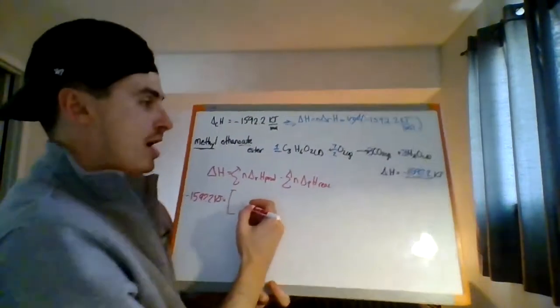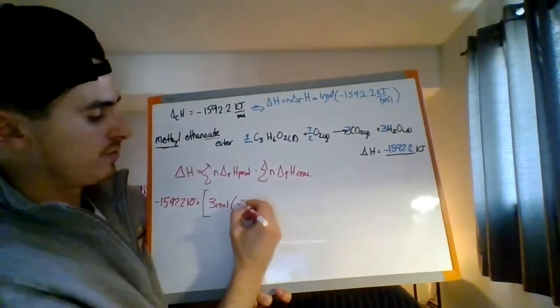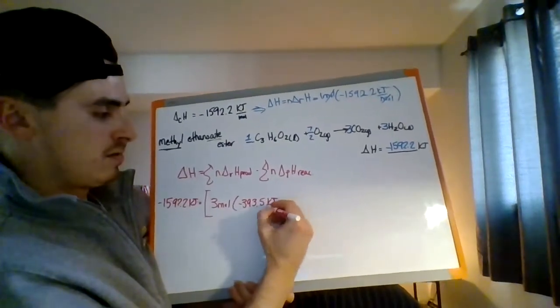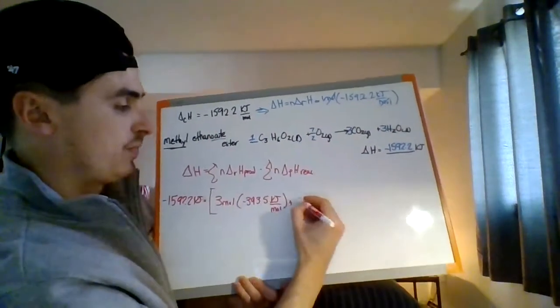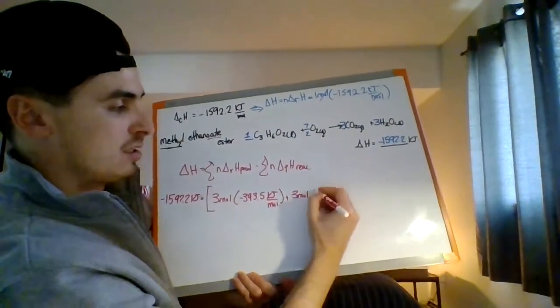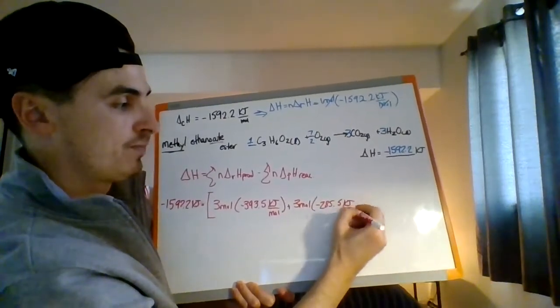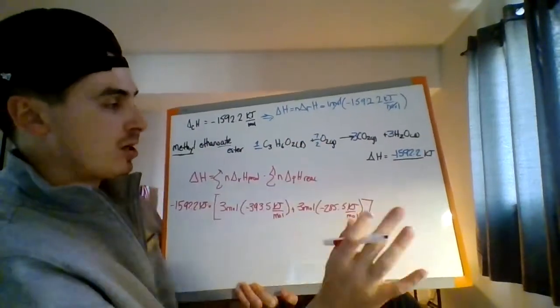Okay, now my products, we got 3 moles of CO2, 3 moles, negative 393.5. And then water liquid, we got 3 moles times negative 285.5 kilojoules per mole. We know that oxygen's 0.